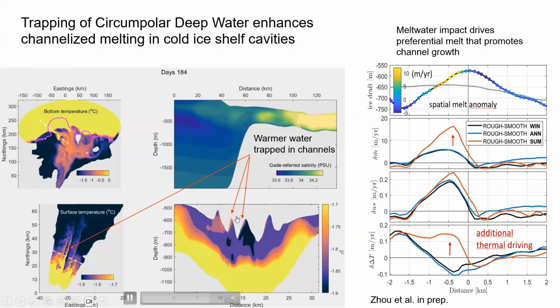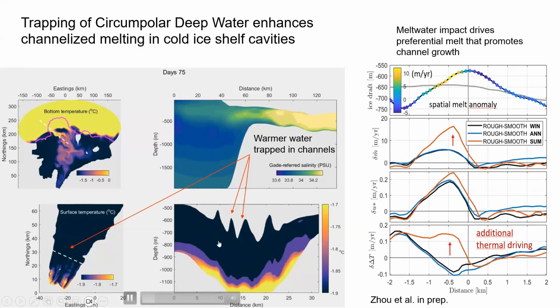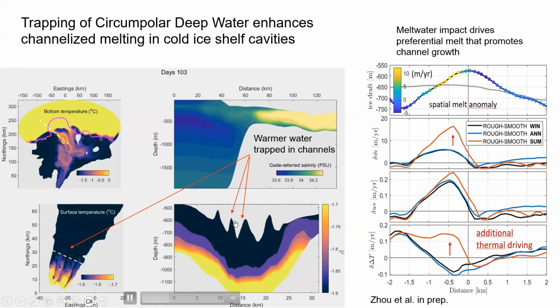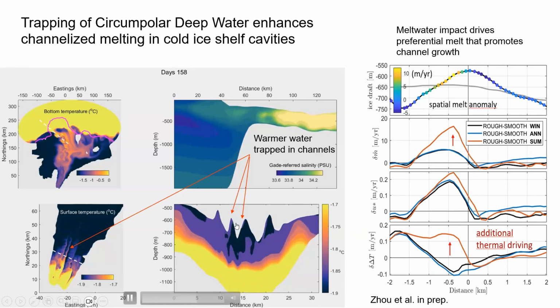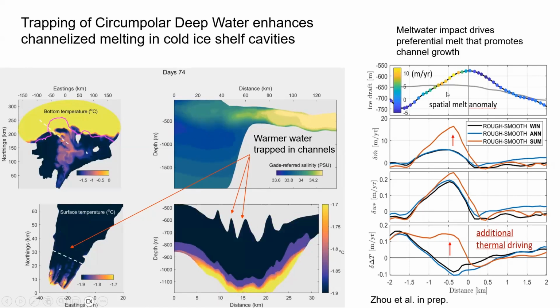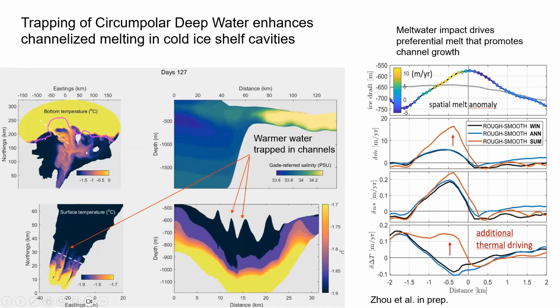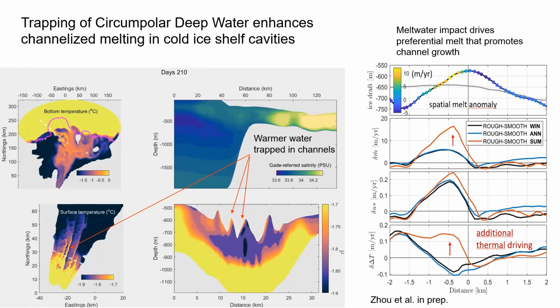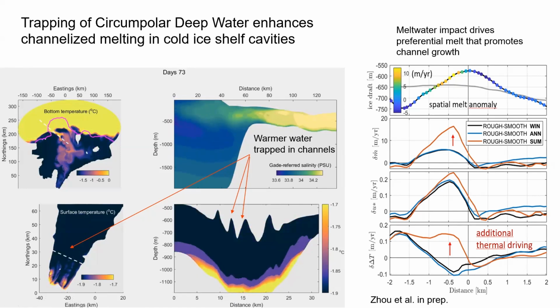And in this particular case, if you have a warm layer at the bottom and that starts interacting with the ice shelf, the meltwater will lighten this warm water, which then suddenly will sit on top of the colder water, and that together with the local geometry will trap warmer water inside channels, which gives you a channel growth mechanism just because of this meltwater interaction feedback. Completely without ice dynamics. You just lift warm water up and it stays there because it has become lighter than the colder water below.